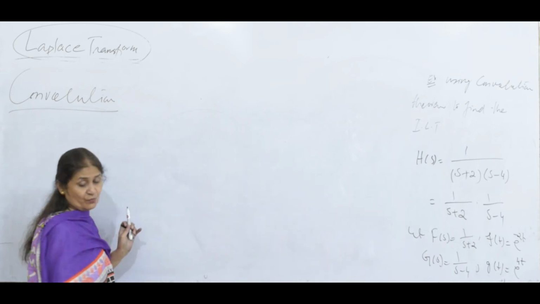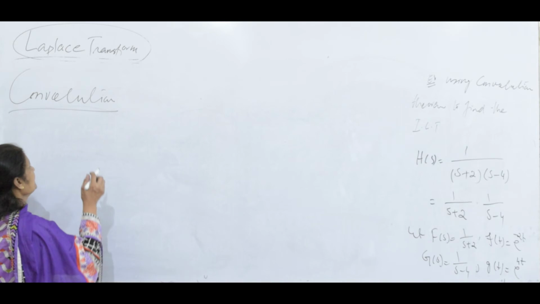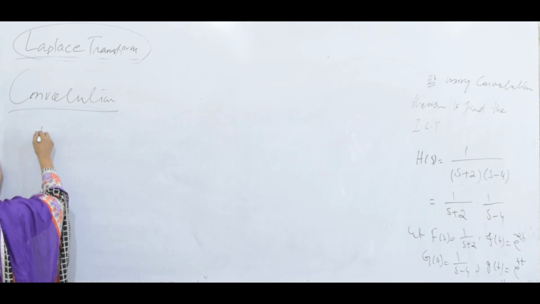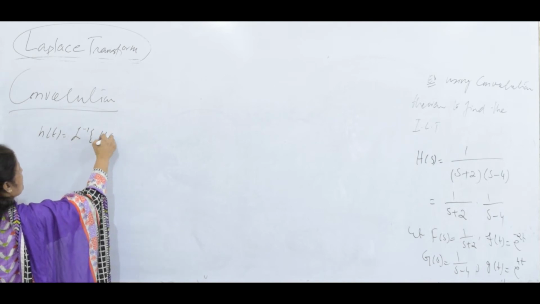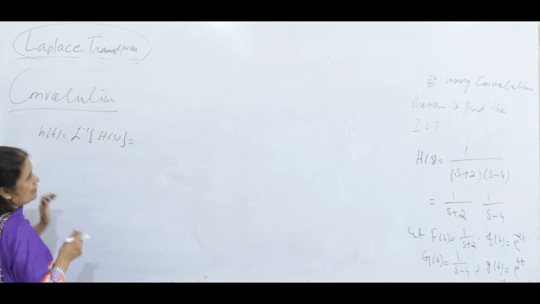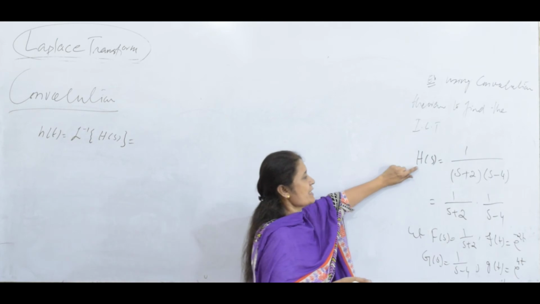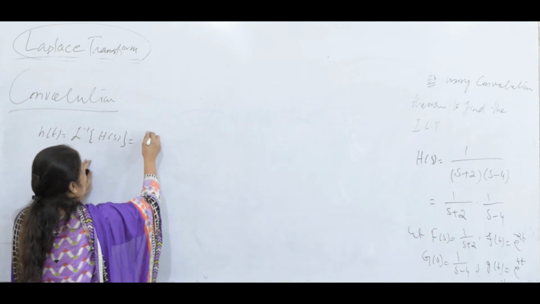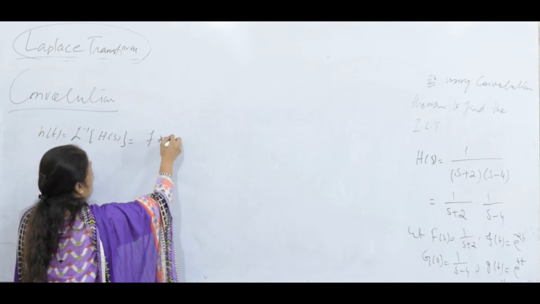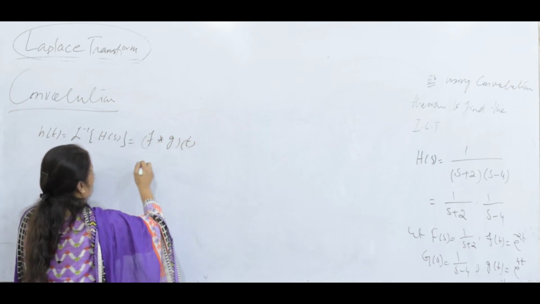Now h of t, which is the Laplace inverse of h of s, is, taking the Laplace inverse, the convolution, which is defined as an integral from 0 to t. Look at that.